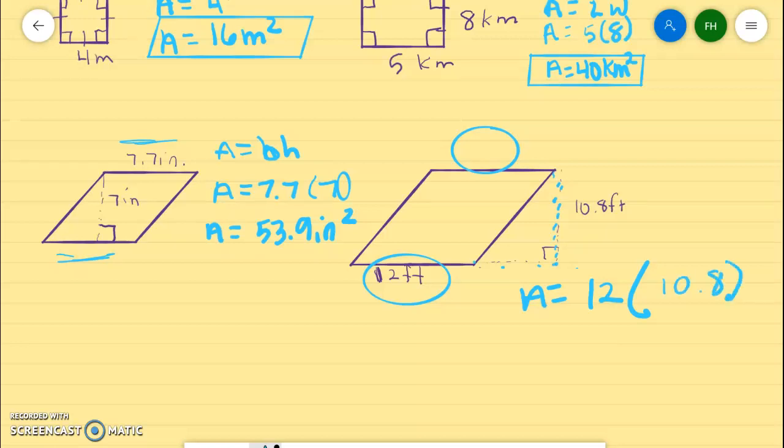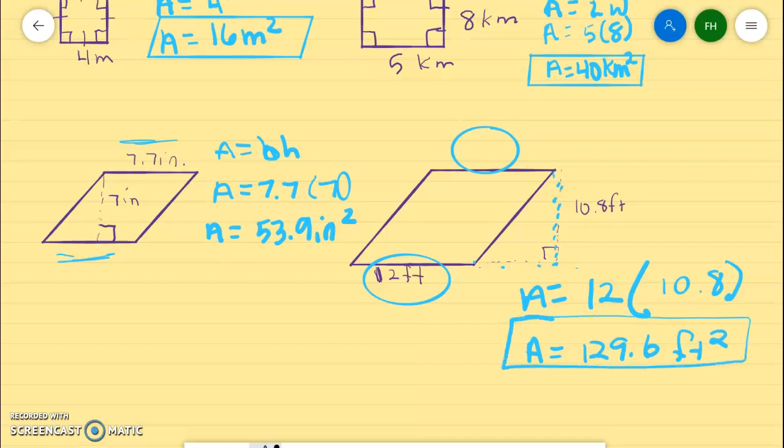So you multiply those two, and you got 129.6, and it's feet, so square feet. And that's your answer.